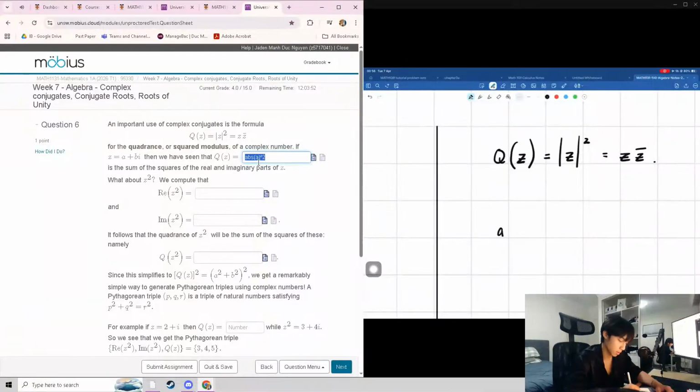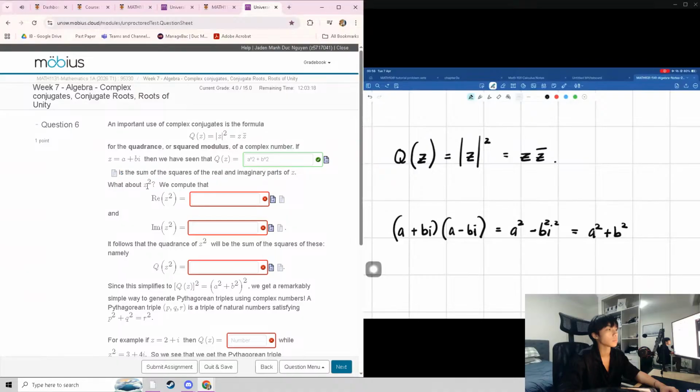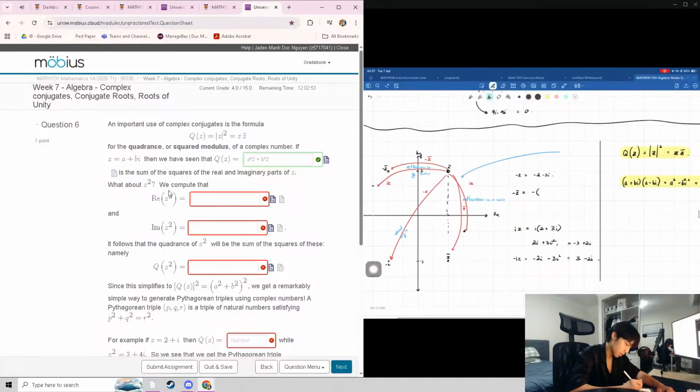They've given us a plus b times a minus b. This is a handy thing to remember.